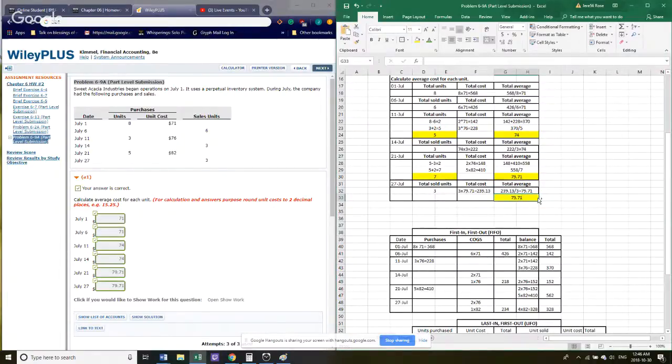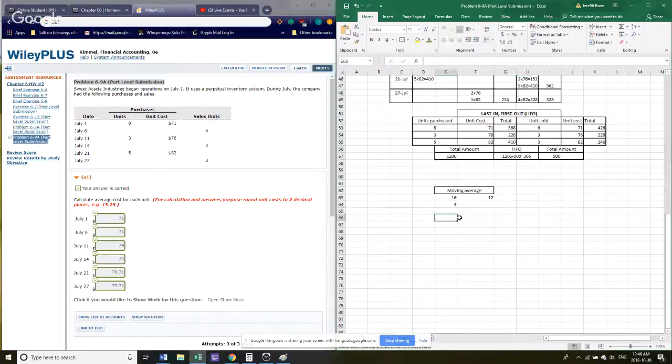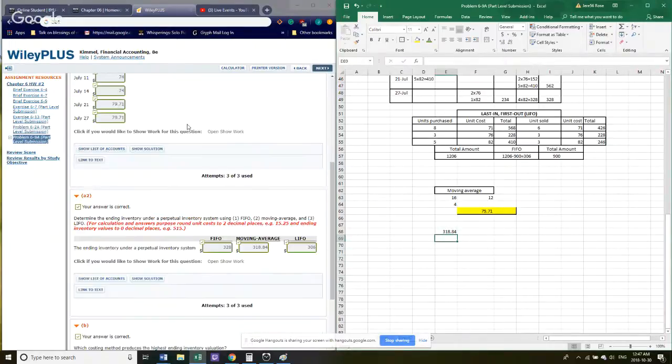So we want to take this number and paste it right here. It's in yellow. Anyways, we want to take the 4 and times it by this number. And that's going to give us 318.84. And if you look right here, that's the moving average right there.